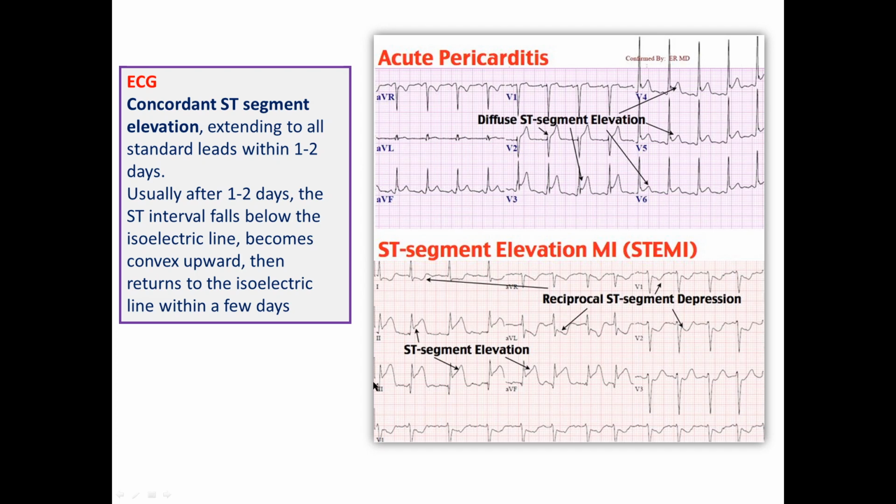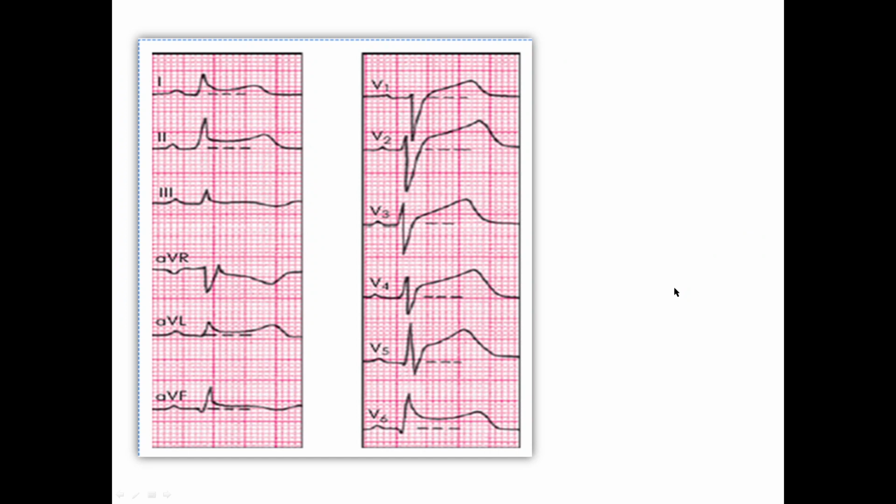When in one lead we have elevation of the ST segment, in opposite leads, for example, opposite to the third lead is the first lead, we have depression of the ST segment. We have here elevation in V5, V6, and also depression of the ST segment in V1 and V2. You see, pericarditis is characterized by concordant elevation of the ST segment in all leads.